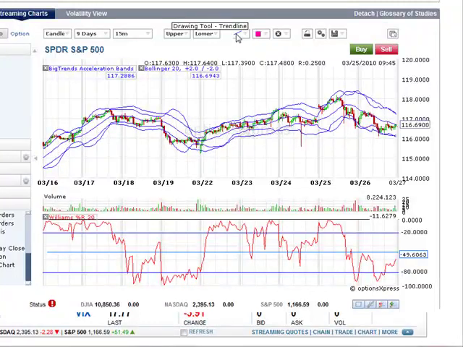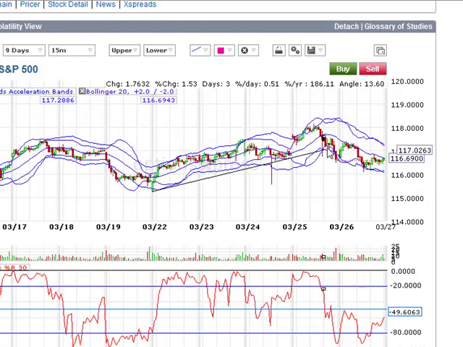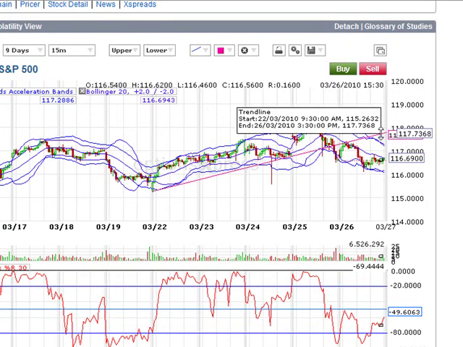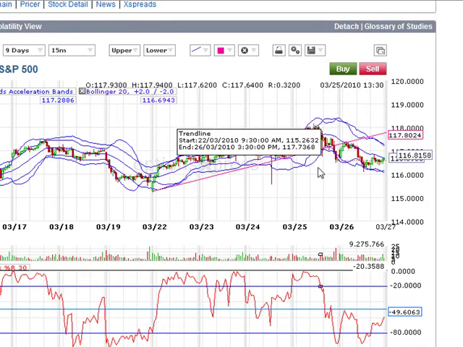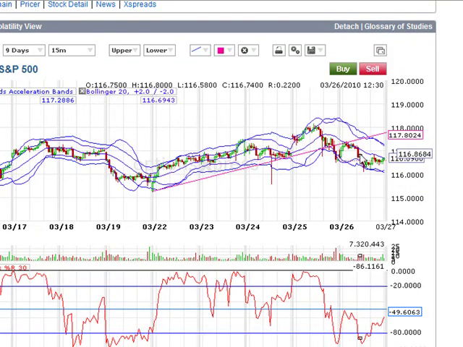Then if we take a simple trend line on the price chart, we can clearly see also that this bullish trend has broken and a new bearish or sideways trend has begun. So we'll wait and see how this pans out. I expect this battle could go on for a few days, and potentially we could see a move to the downside. So we'll wait and see how this pans out.